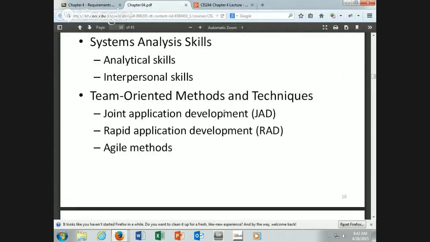So are these all the methods? No. Let's be clear on these methods, though. You can inherently see that certain methods are going to fit certain project styles, certain project sizes, right? Is this a new project? We're building it from scratch, or is this a project to improve an existing system?